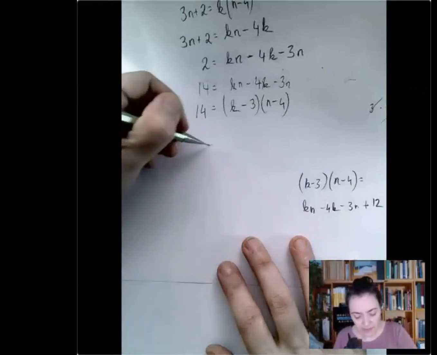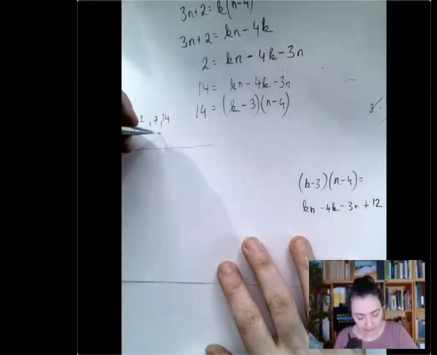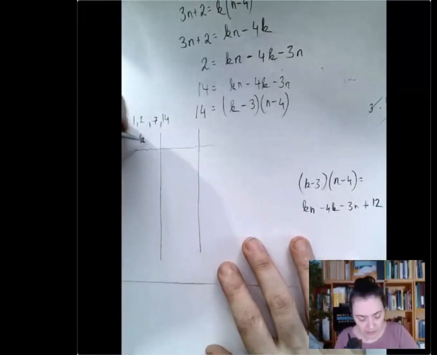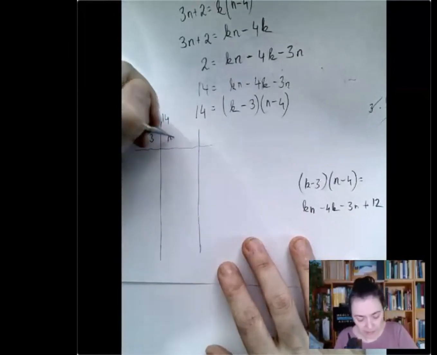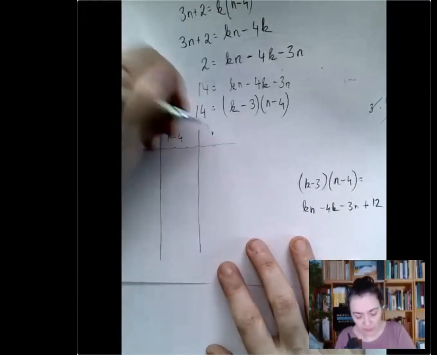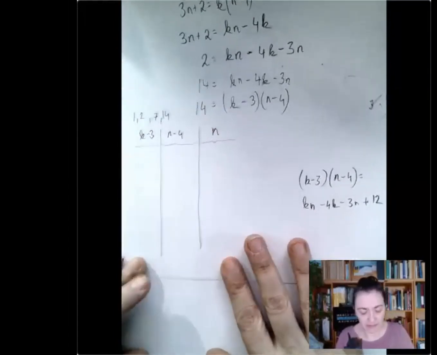So let's just be a little bit more careful than that. Let's say we want two integers. k minus 3 is one of them, and n minus 4 is another one, so that their product is 14. Yes, I want n here.